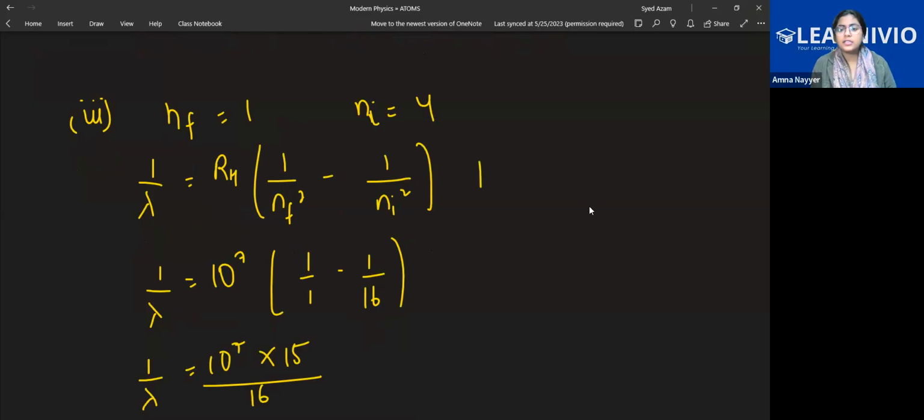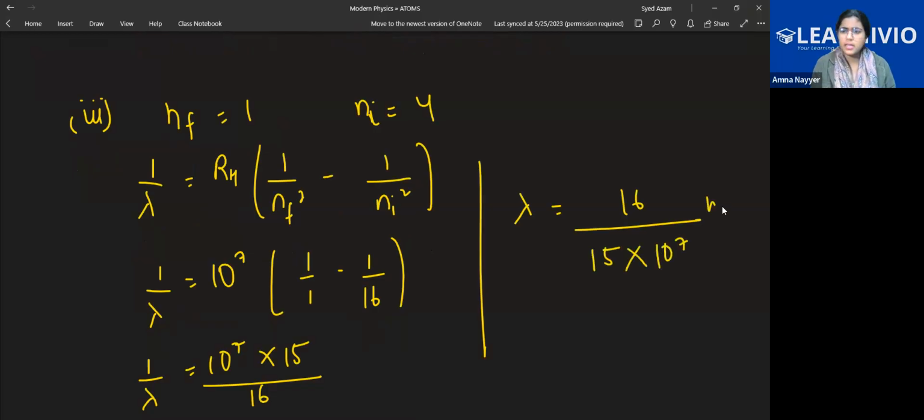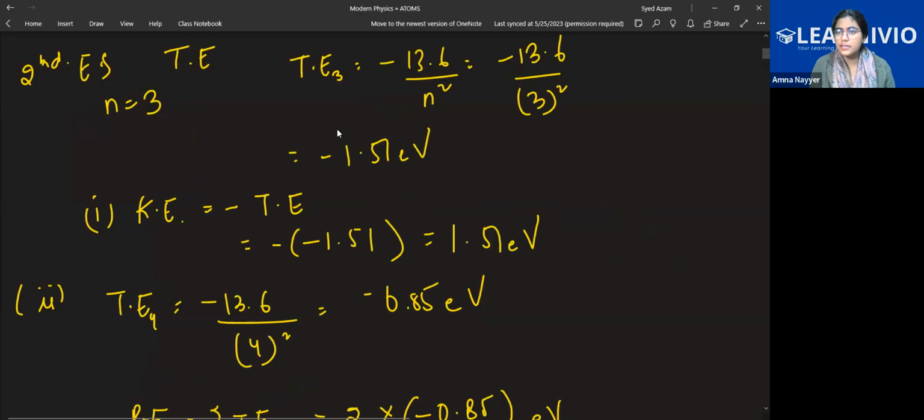From here, you can calculate lambda. This is 16 by 15 into 10 to the power 7, this much of meters. This you can calculate and check. So is the first question clear to all of you? Yes. Write the solution. Then 2 more questions we'll discuss.